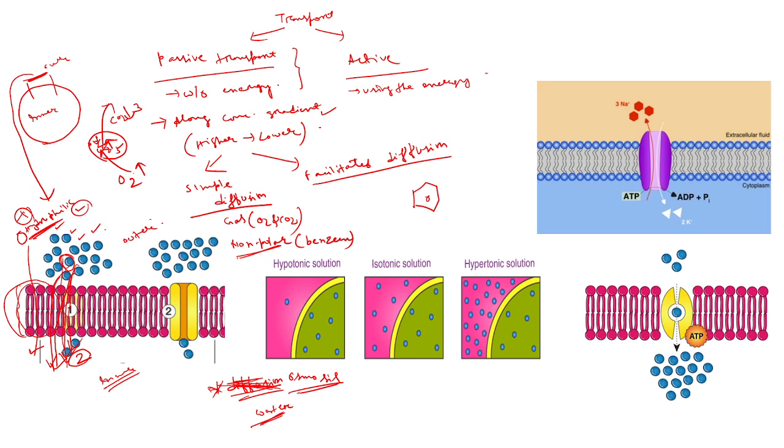So the osmosis is a sub part of the simple diffusion. That means in simple diffusion, the gases can pass from the higher concentration to the lower concentration, the non-polar molecules can also pass from the higher to the lower concentration, and the water molecule also can pass from the higher concentration to the lower concentration through simple diffusion, and this process is called the osmosis.